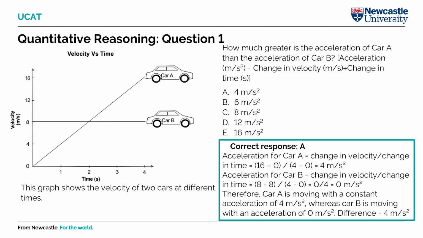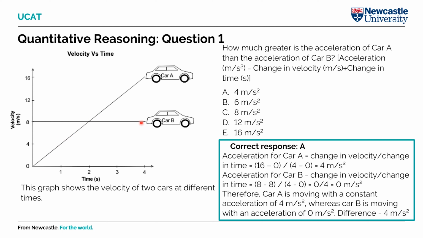One really easy way to do this is to just look at this graph that we have here. So we know that acceleration is the change in velocity over the change in time. Our velocity doesn't change for car B at all. The velocity for car A over time is a linear relationship here.